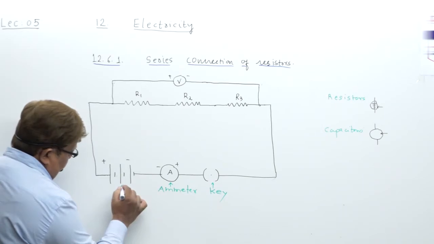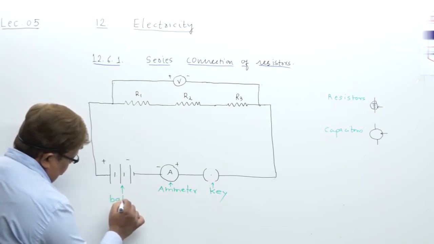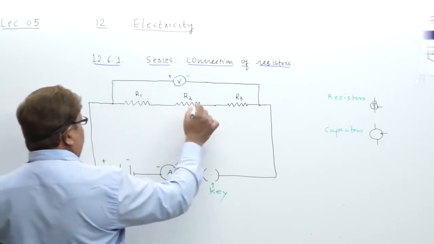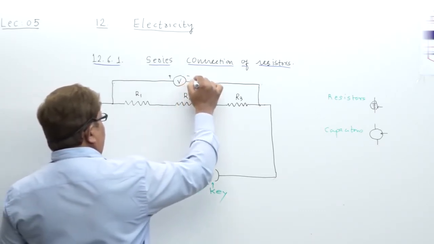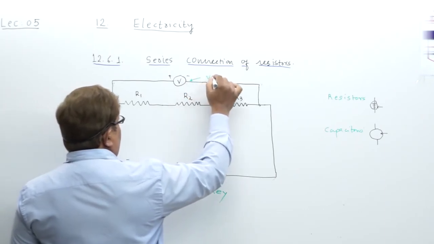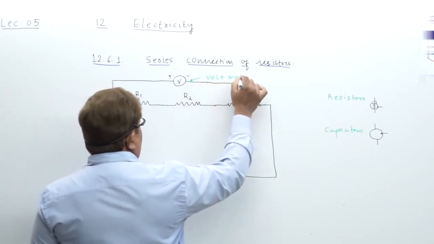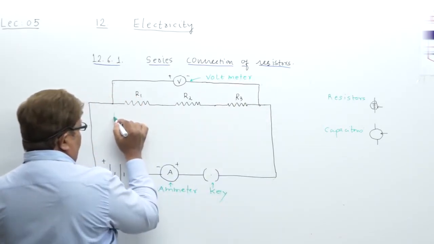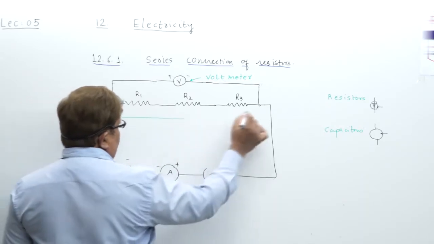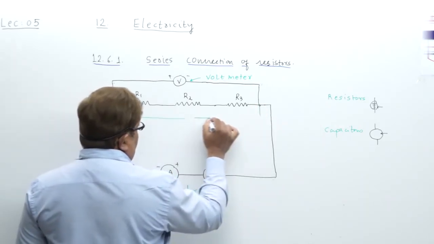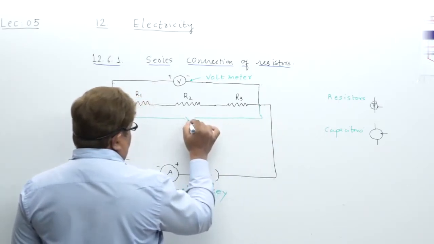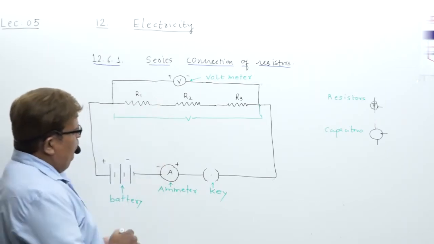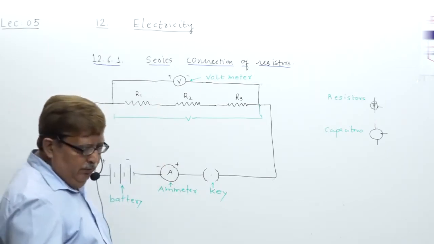This is an ammeter, right? This is the battery actually. These are three resistors. This is, as you know, the voltmeter to measure PD, that is potential difference across the resistors. To measure V, the potential difference across the resistors, we have connected the voltmeter here.